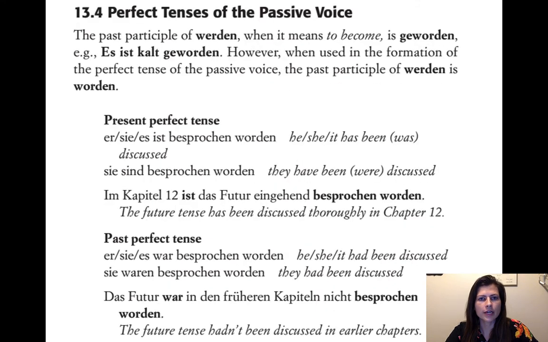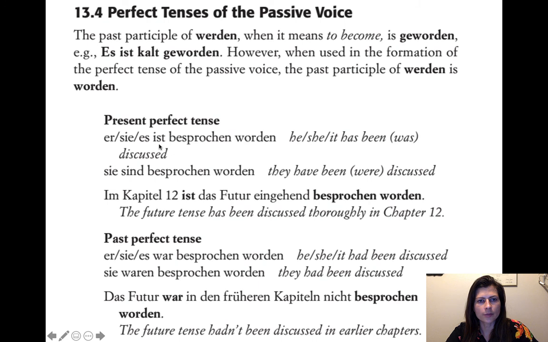Okay, so now let's look at some more tenses, and this is, of course, the strangest one, the present perfect. So we have es ist besprochen worden, it has been discussed, or it was discussed. And then sie sind besprochen worden, they have been discussed.